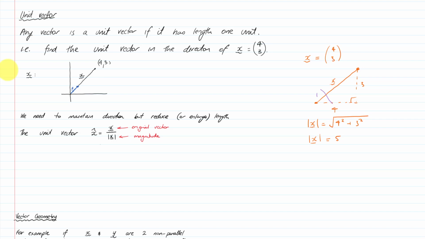So to get the unit vector in the direction of any vector, and the unit vector is denoted x hat, that little hat on top, x hat is equal to the vector x over the magnitude of x, and that will bring the magnitude down to 1 but maintain the direction. And that's how we do our unit vectors.